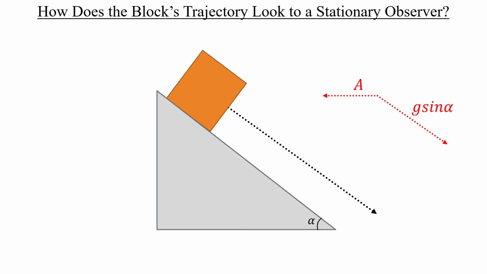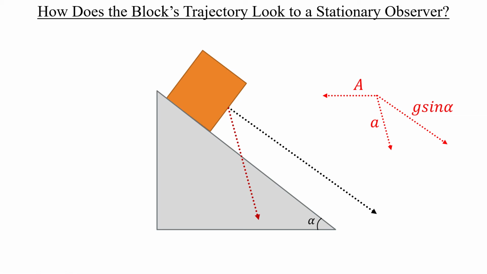So by taking the vector sum of these two vectors, we'll get the actual path seen by an outside observer, which is just a straight line that's significantly steeper than g sine alpha, as shown by this new maroon colored one. But that's a bit vague for an answer, though.